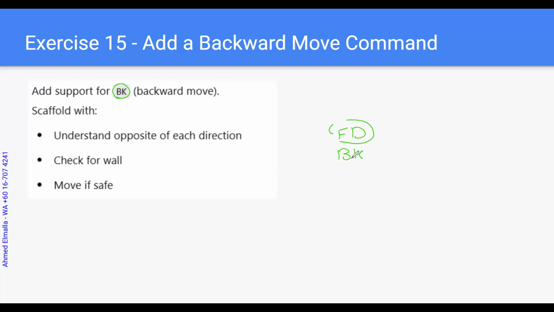So this move backward means, if you are here, you move backward like that, so your arrow becomes here. If you are up, backward means going down like that. If you are to the left, this is your backward. Is that clear? Yeah.